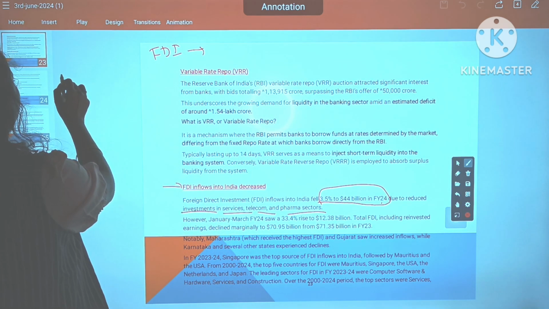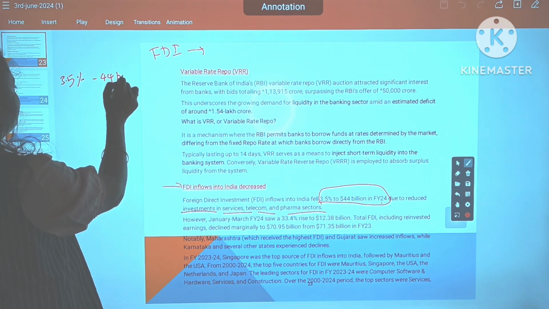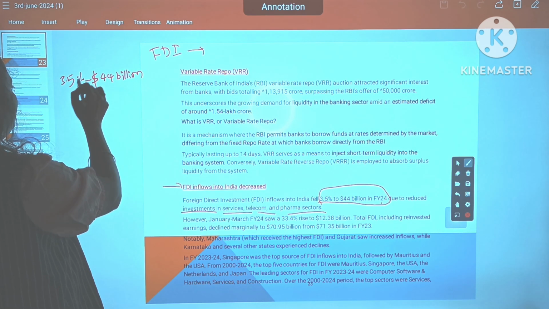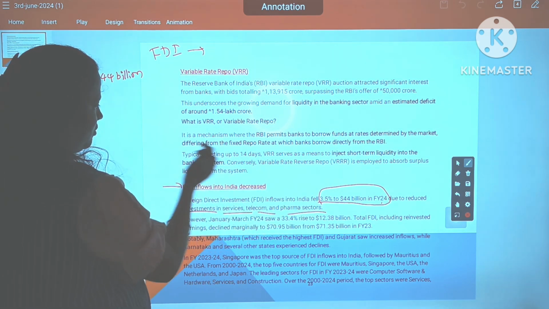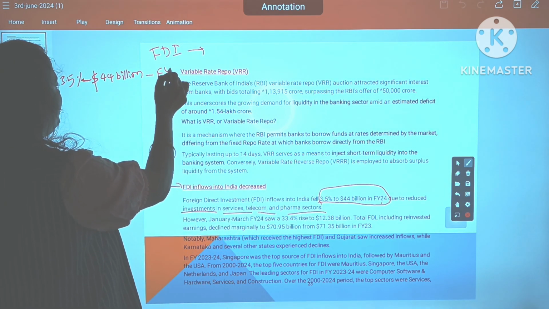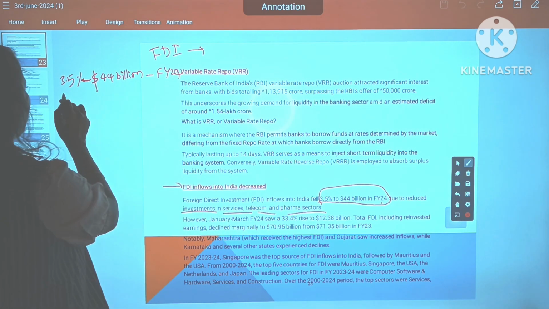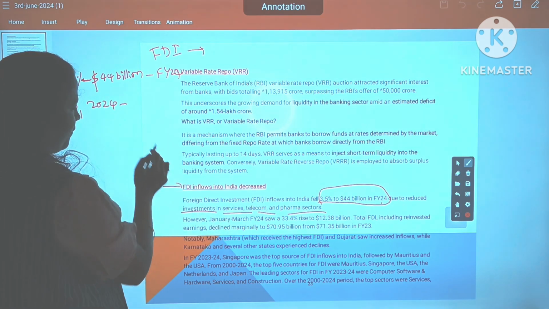So there is a 3.5% decrease to 44 billion dollars in financial year 2024.